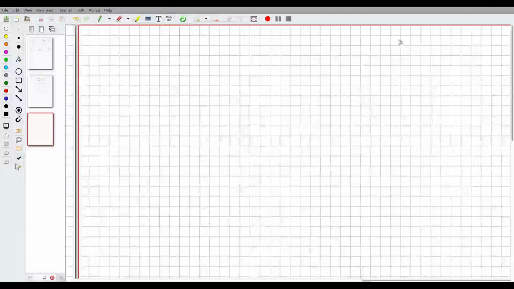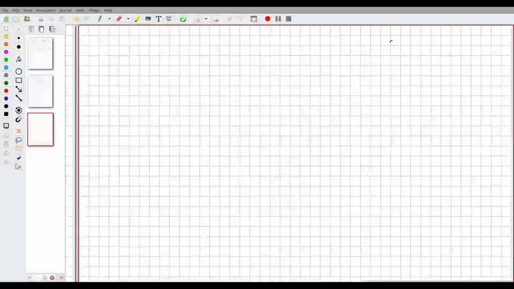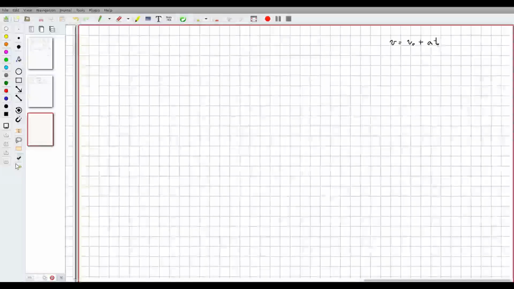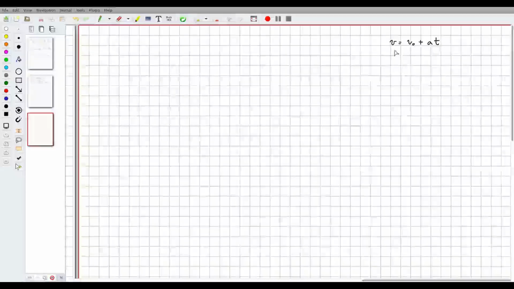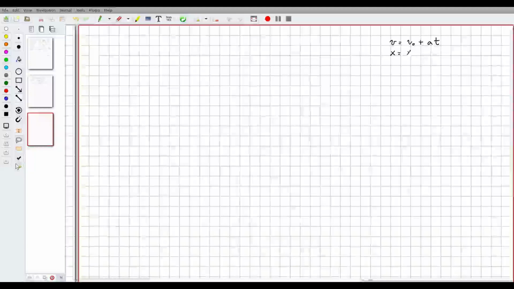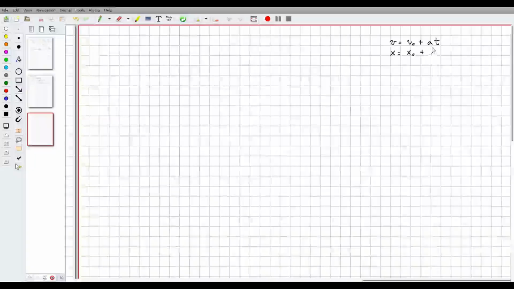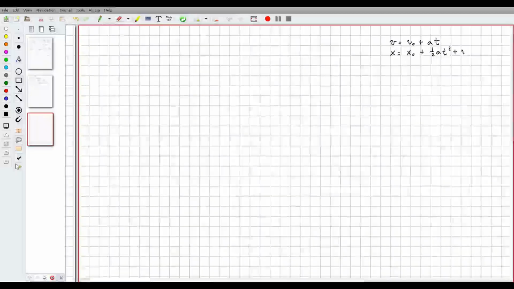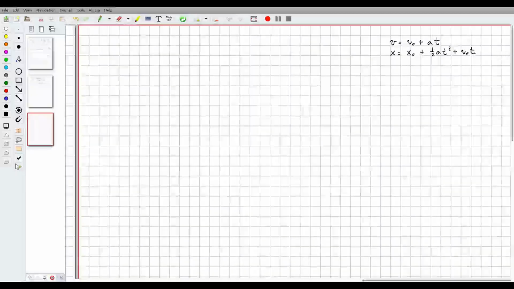We have so far V is equal to V naught plus A times T. X is equal to X naught plus 1/2 AT squared plus V naught T. What I'd like to do is to take this equation and solve it for time and then plug what I get into the times that I see right here. So let's work with that.